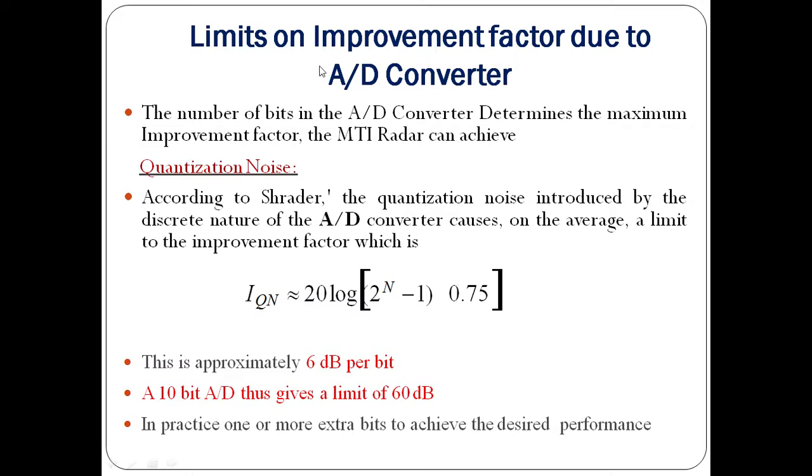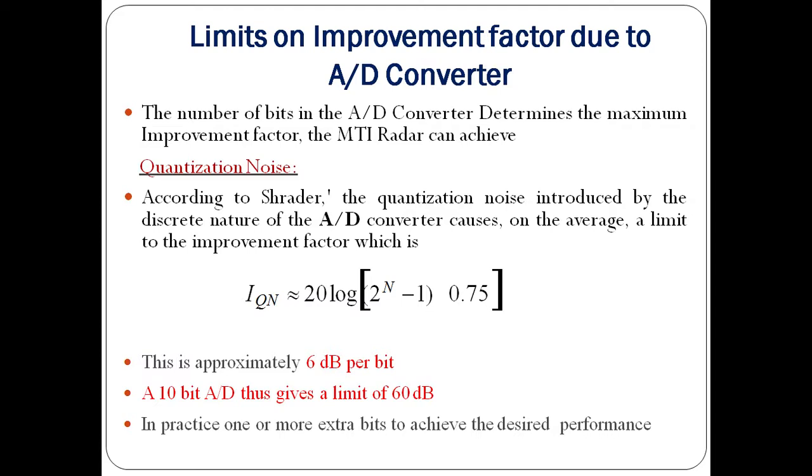How will the selection of the A to D converter impact the limits on the improvement factor? If I take 10 bits for the A to D converter, what is the maximum improvement factor that can be achieved by the MTI radar?